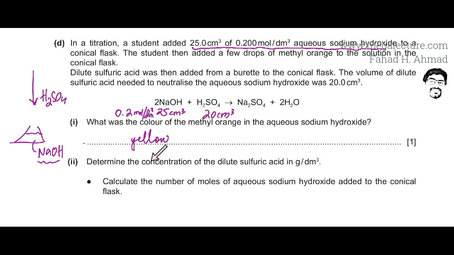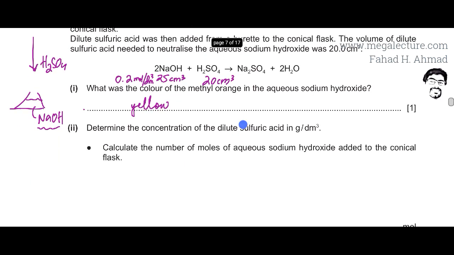Now the second part is determine the concentration of dilute sulfuric acid in grams per dm³. So you're given the steps. The first thing is you have to calculate the number of moles of NaOH added to the conical flask. The way you're going to do that is, we know that moles is equal to concentration multiplied by volume, and the volume must be in dm³.